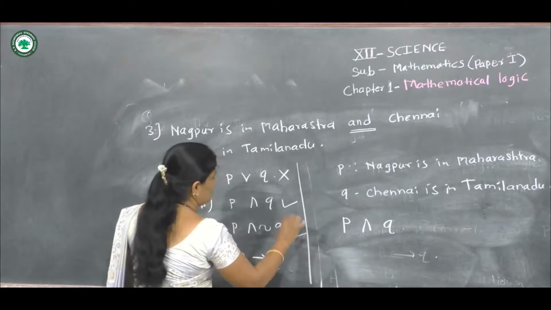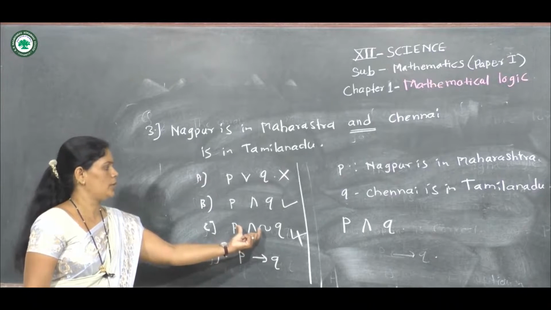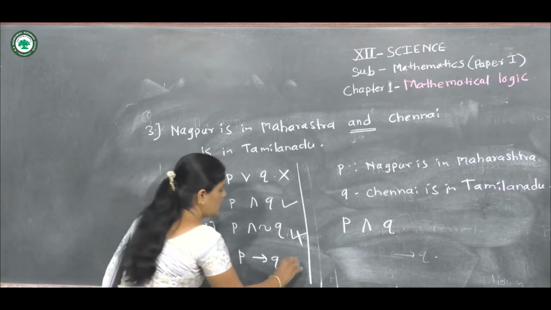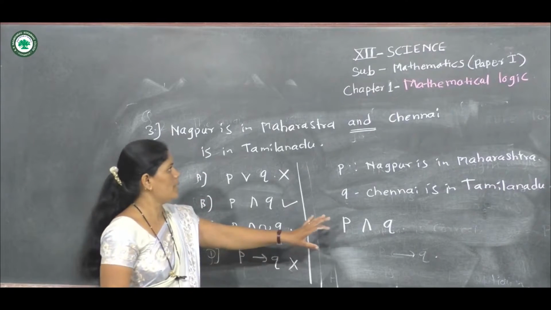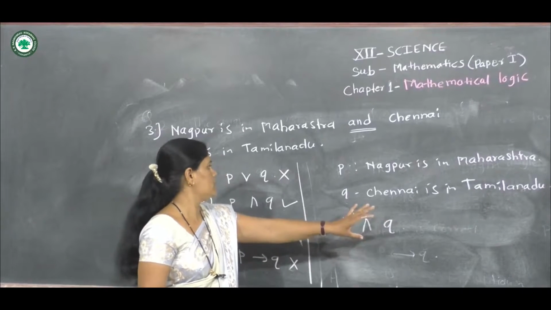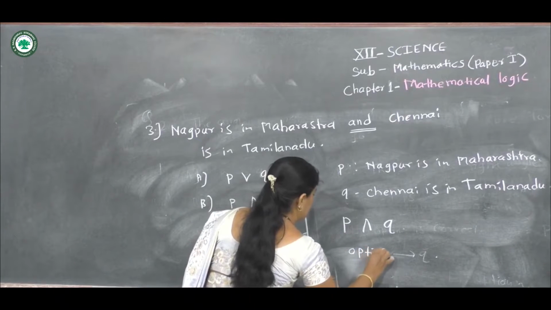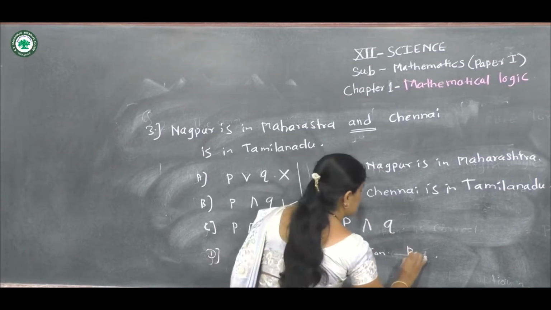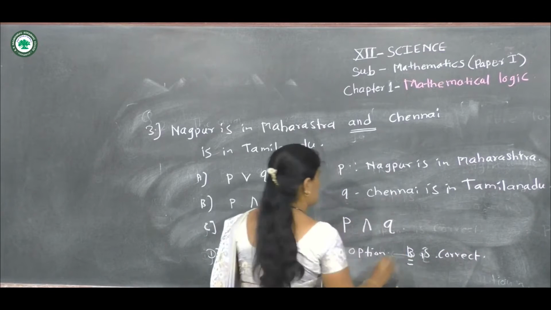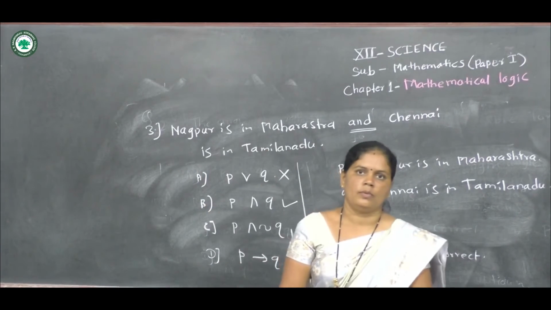Negation is not included in this statement, so it is not that option. P implies Q, if-then, is not used. Since "and" is used, option B is correct: P and Q. Thank you.